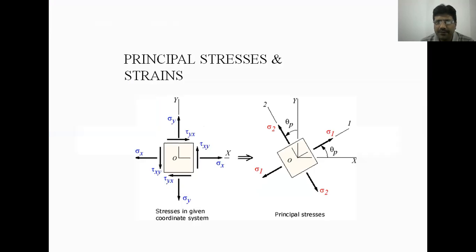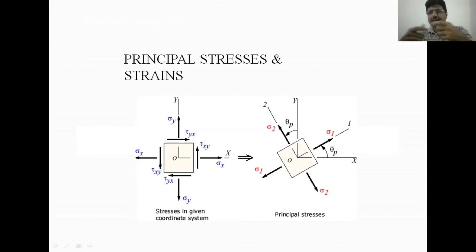Before knowing principal stresses and strains, we must know direct stresses and strain. As given in this diagram, if a body is under direct stresses, that is, subjected to a tensile force in the positive x direction, similarly the body is subjected to direct tensile stress along the y-axis.